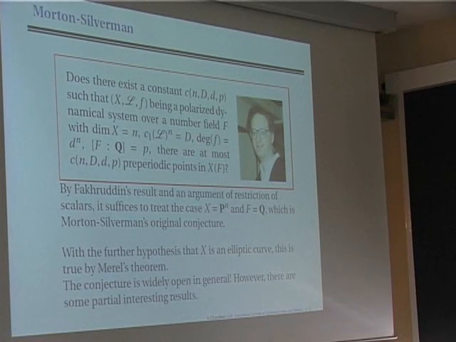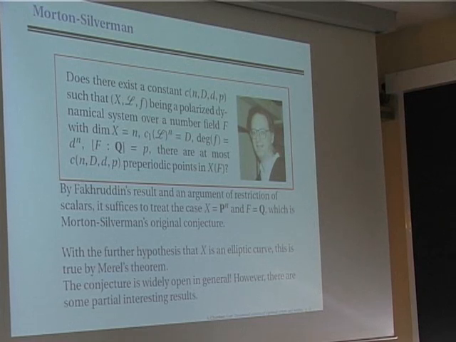Look at a principally polarized abelian variety, then capital D is equal to the factorial of the dimension. And so if that conjecture is true, then as a consequence, a much more general statement in the theory of abelian varieties is true, namely that you can bound the number of torsion points only in terms of the degree of the field of definition and the dimension of the variety.